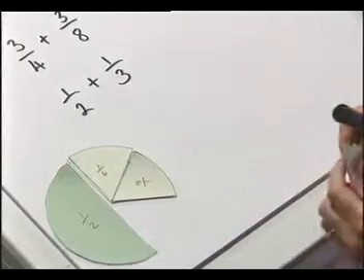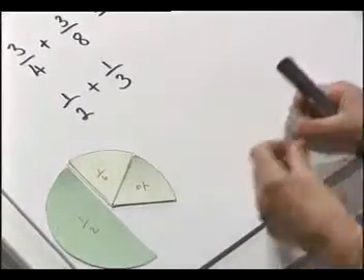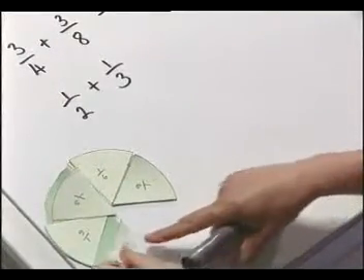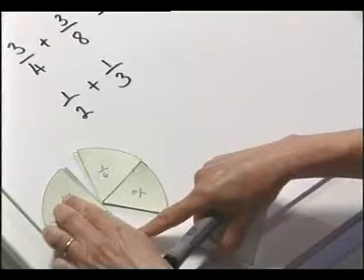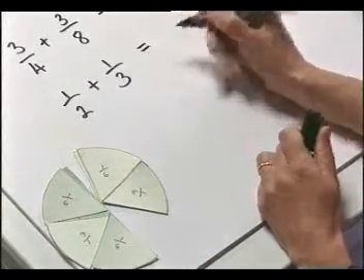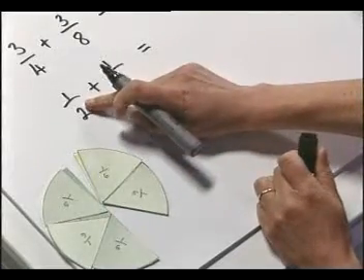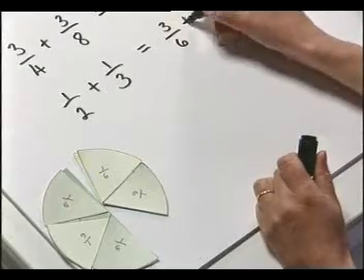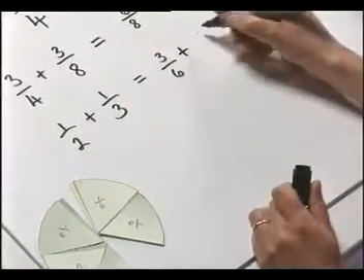We can fit 2/6 into our third, and our half is 3/6. So we're finding an equivalent fraction for our half is 3/6, and our third is 2/6.